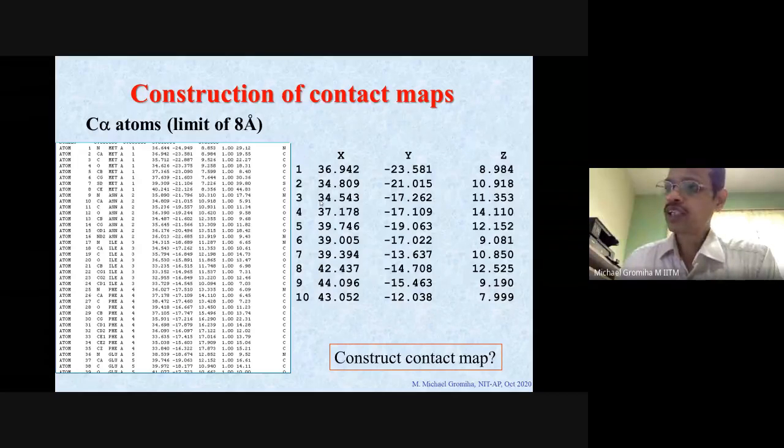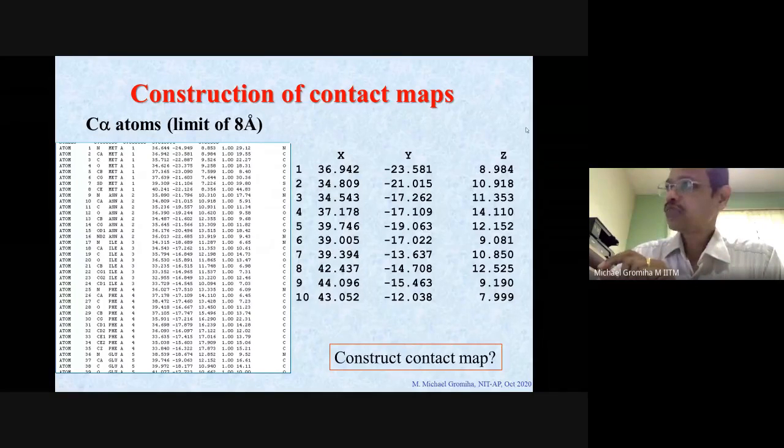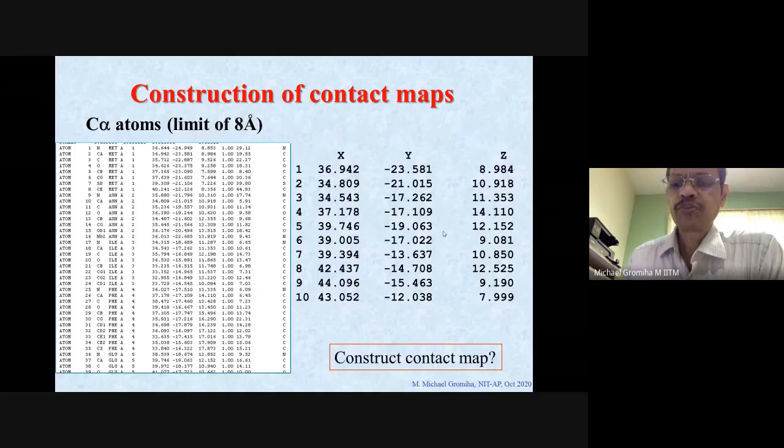If 1 and 2 are in contact, that means you calculate the distance between 1 and 2: (x2 minus x1) whole square plus (y2 minus y1) whole square plus (z2 minus z1) whole square, and if the distance is less than 8 angstrom, put a dot. Can you make a few dots and show me? This is how to construct a contact map.